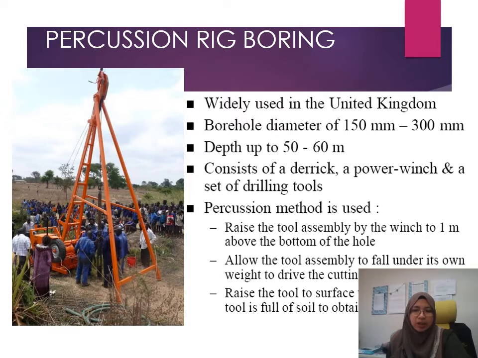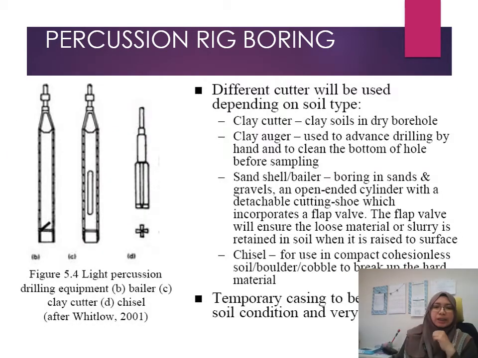Okay, and then you can raise the tool to the surface, and then you can replace the drilling bit with the sampler, and then you can get the soil sample. Okay, different cutters will be used depending on soil type. For percussion rig boring, we can use it in any type of soil, but you have to change the cutter depending on the type of soil that you deal with on site.